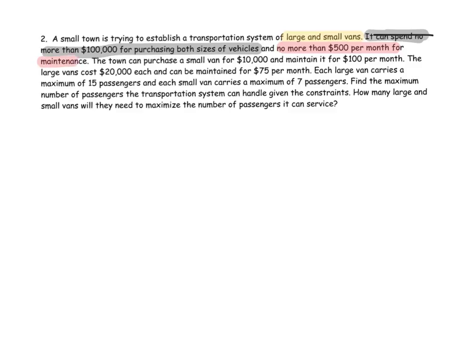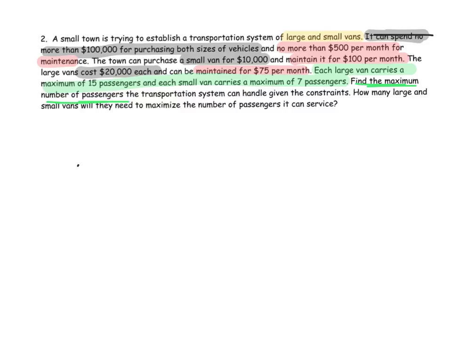A town can purchase a small van for $10,000 and maintain it for $100 a month. Large vans cost $20,000 each and can be maintained for $75 per month. Each large van carries 15 passengers, small van 7 passengers. Here, find the maximum number of passengers.